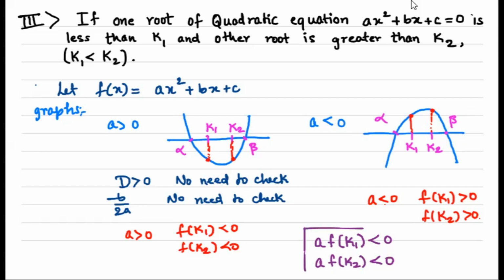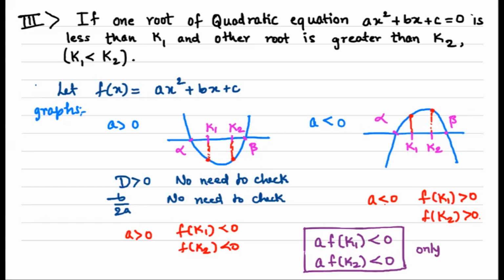So this is the only condition which we get from here. Got it. So we don't have to check D, neither we have to check the vertex here. The only condition is this.